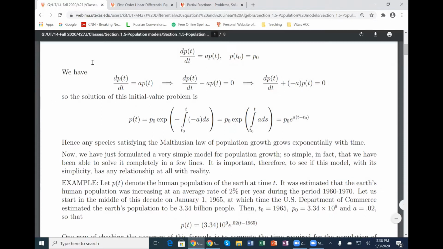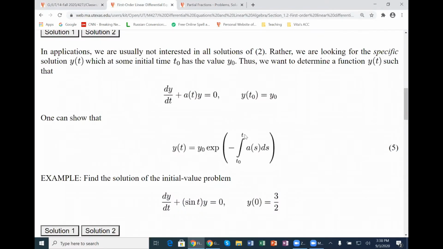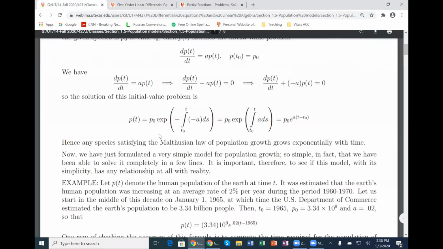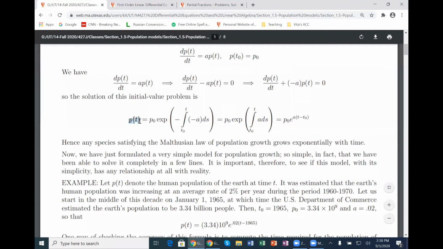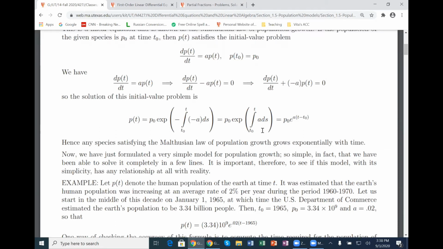Well, remember, since t is already taken inside the integral, instead of t, we should use some other letter. For example, s. So here, P of t, here we have t, therefore inside the integral, we use, for example, s. Was that your question? Yes, thank you.